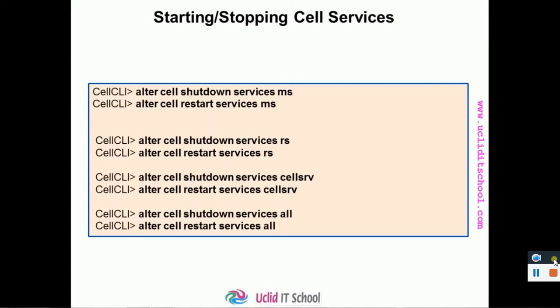There is no start command, it is always restart. The keyword is restart. So: alter cell shutdown services MS, RS, cellsrv or all. Similarly, alter cell restart services MS, RS, cellsrv or all.